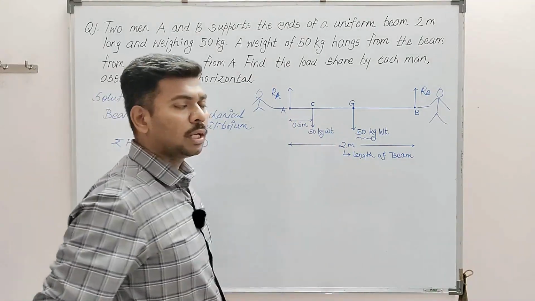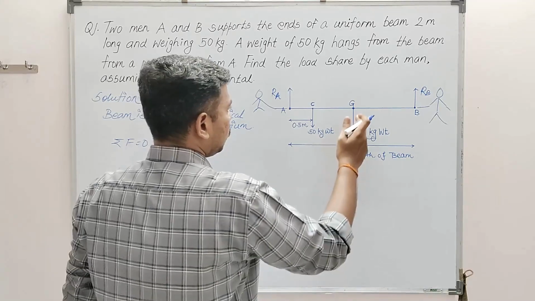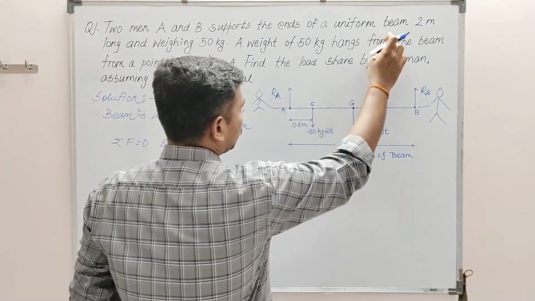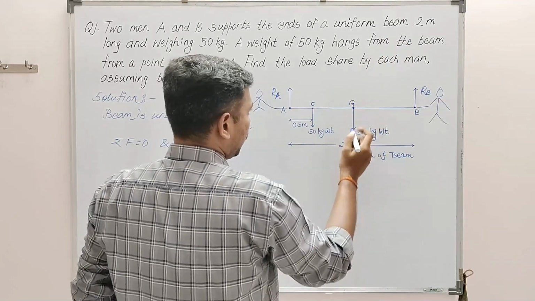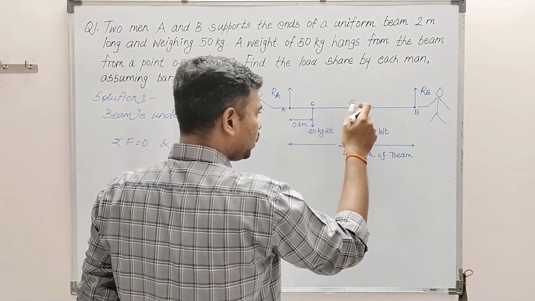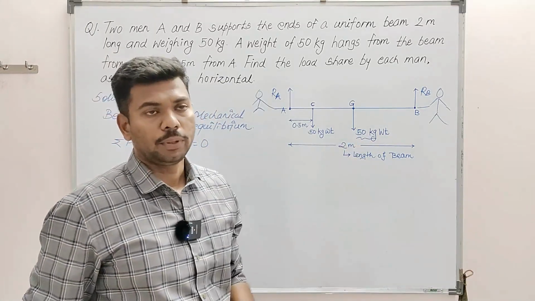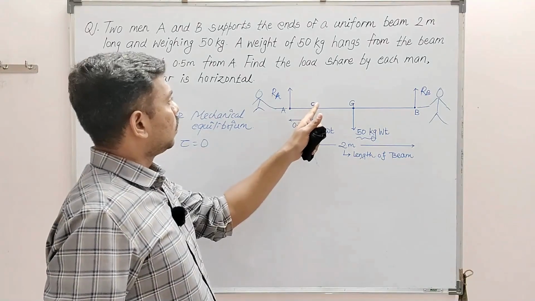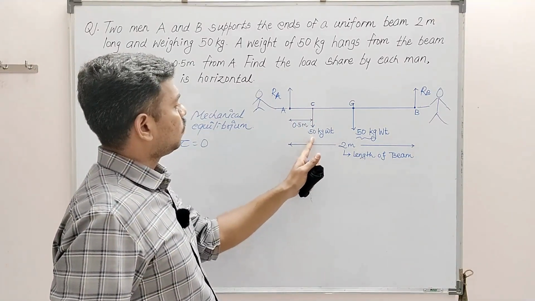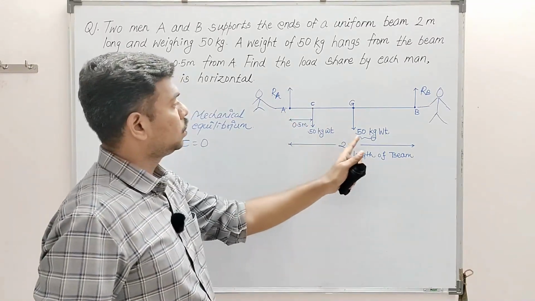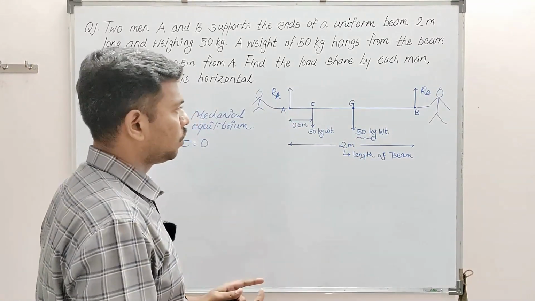Now, how many forces are there on the given system? Now, this is the one force which is acting downside because of the own weight of the beam, and that is at point G. So at point G, the weight of its own body is 50 kg Wt. Also, we are holding one more mass of weight 50 kg Wt at point C. So these two are the forces acting downside.